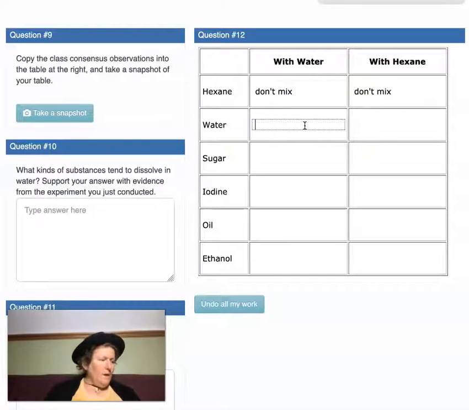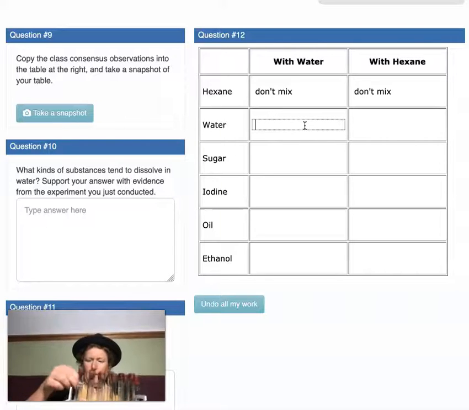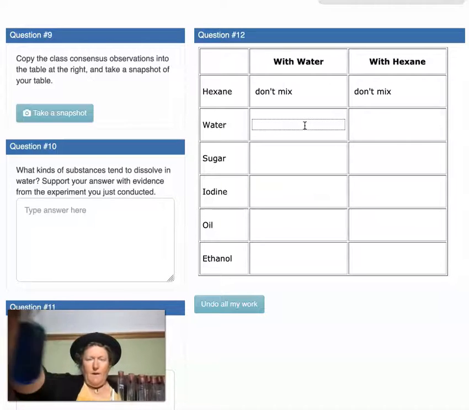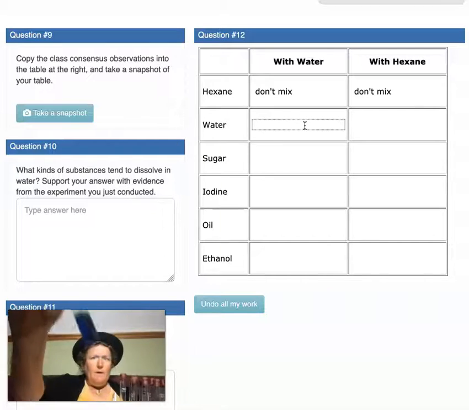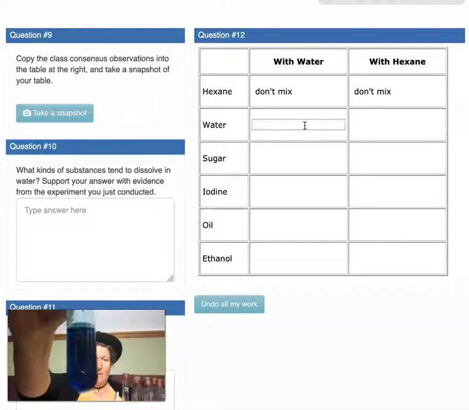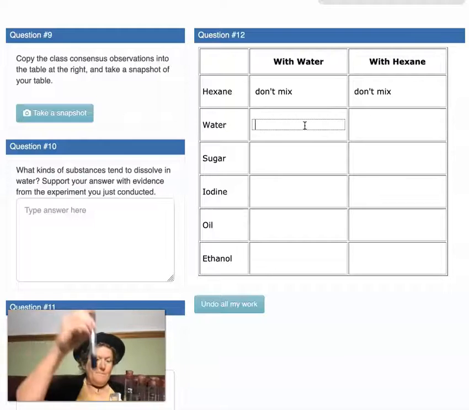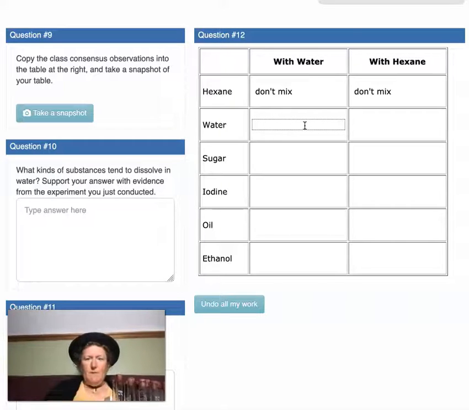So let's look at water with water. I took water and I added more blue water. I mixed it up. It's all still blue. Pretty simple. I'll let you figure that one out.